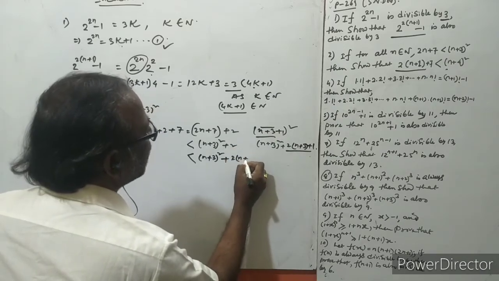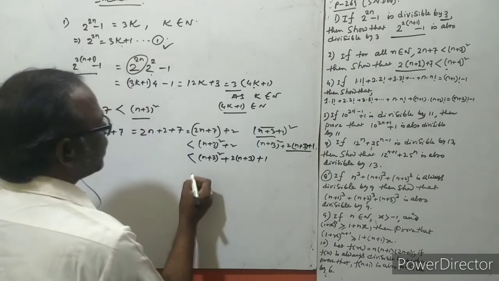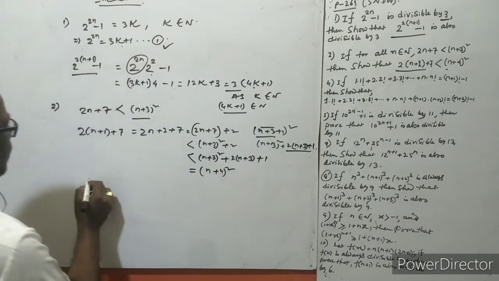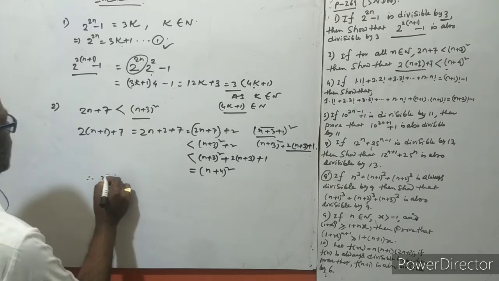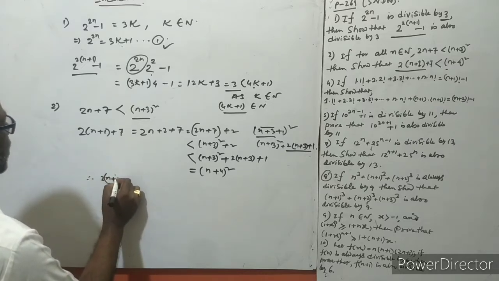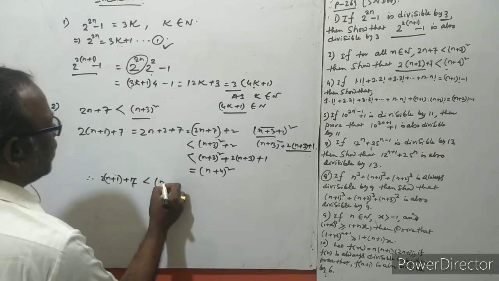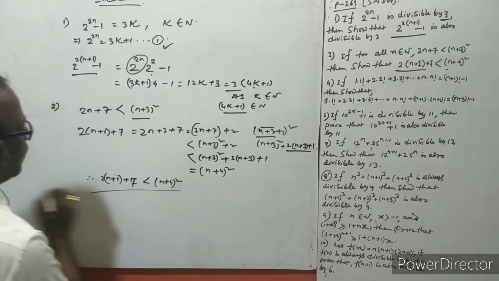So this is n plus 3 plus 1, which is equal to n plus 4 whole square. Therefore we can say 2 times n plus 1 plus 7 is less than n plus 4 whole square, which is proved.